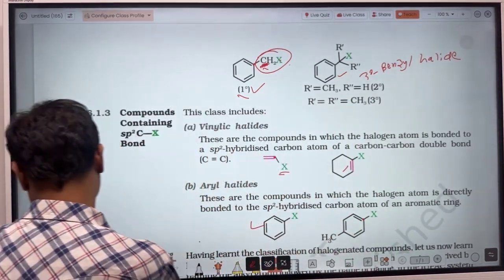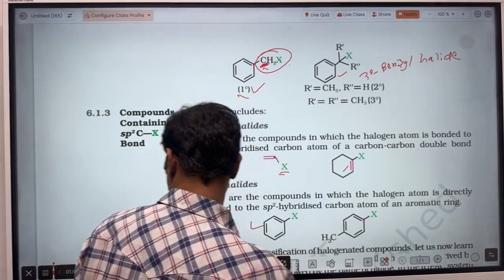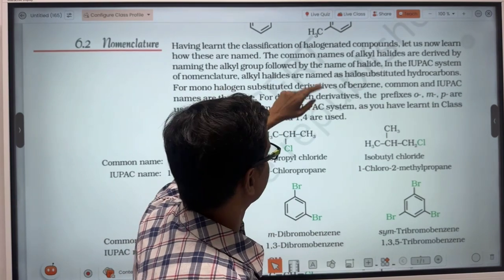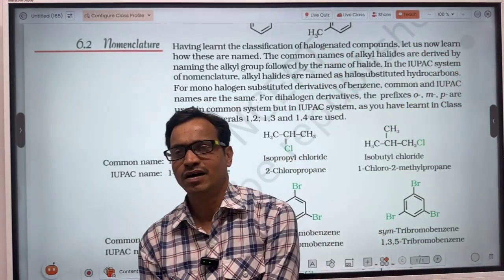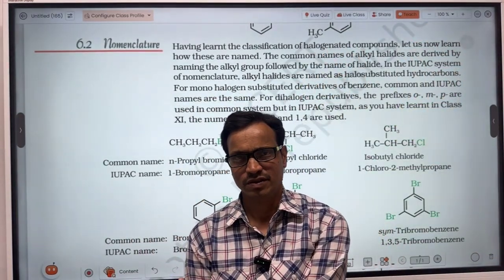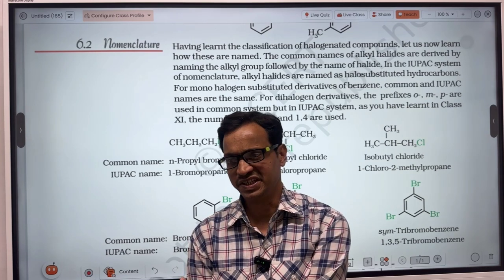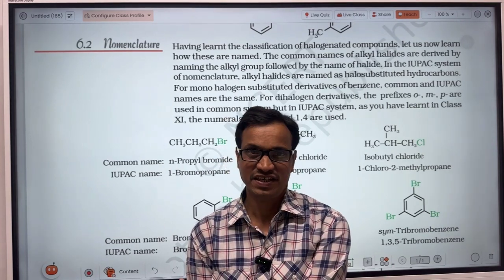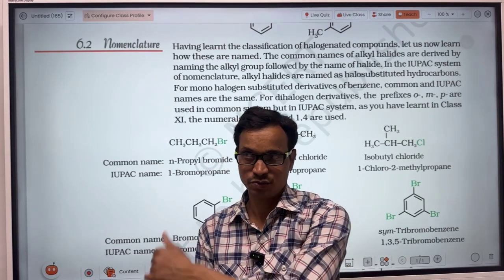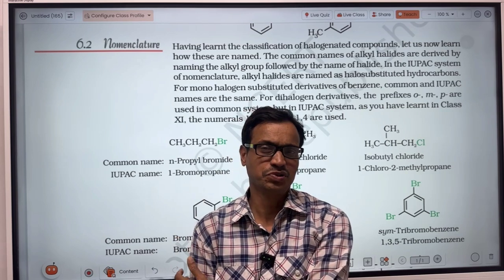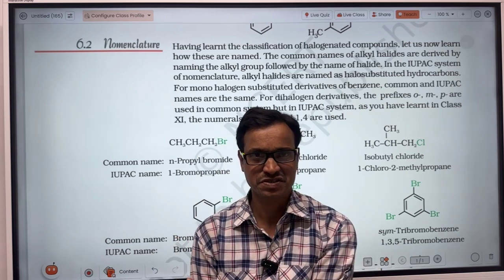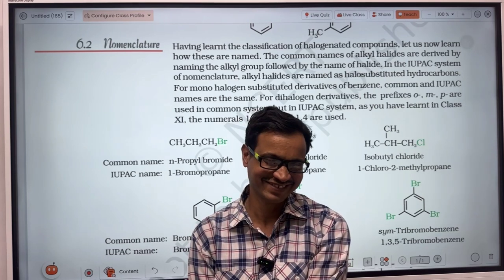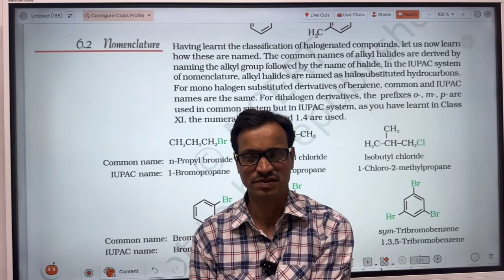Okay, so that was the classification. Then afterwards we will discuss the portions which I have discussed right now. Questions are not asked directly from there, but if you do not know about those concepts, then you could not solve a number of questions which are frequently asked in the 12th board examination, NEET, IIT Main and CUET examinations.